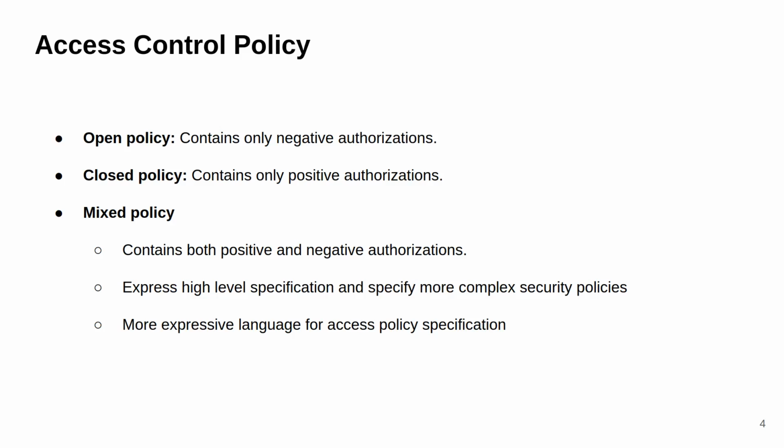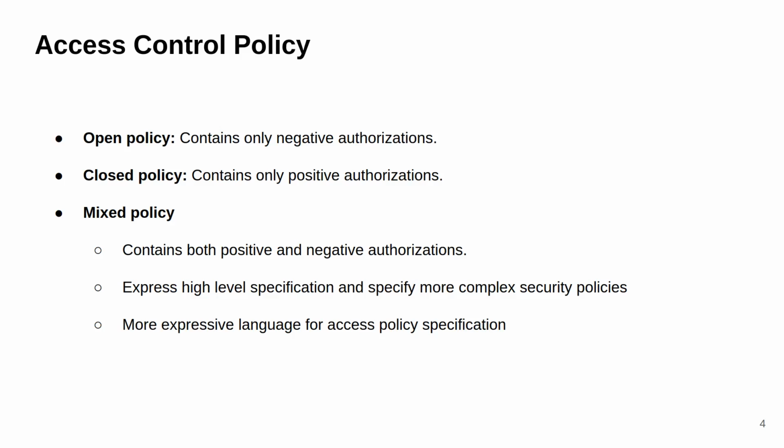In the literature, access control policies can be classified in three categories: open, closed, and mixed access control policy. The open access control policy contains only negative authorizations. It is used only in scenarios where the security need is not strong. The closed access control policy contains only positive authorizations.